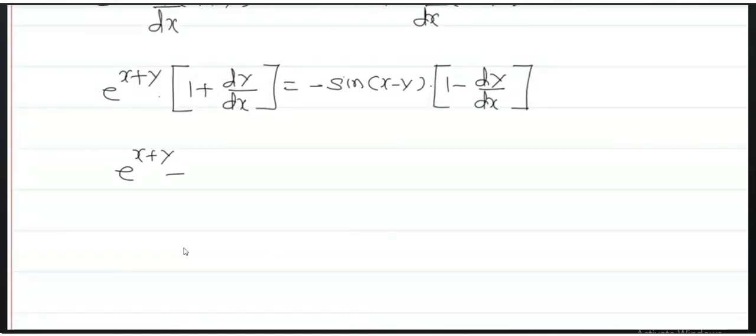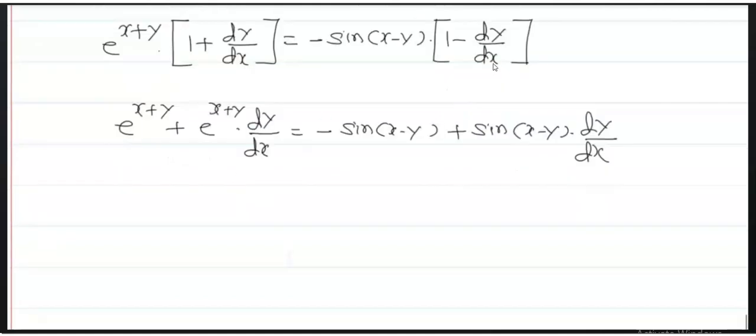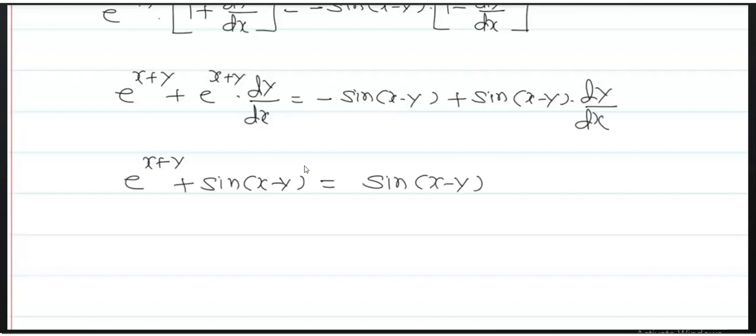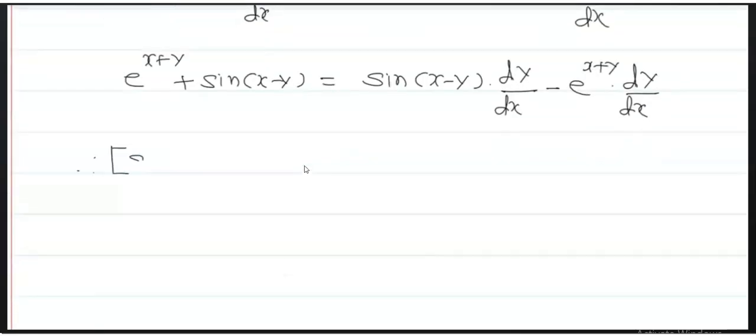Collect the terms of dy by dx on one side, that is sin of x minus y into dy by dx minus e raised to x plus y into dy by dx. Collect the terms of dy by dx.